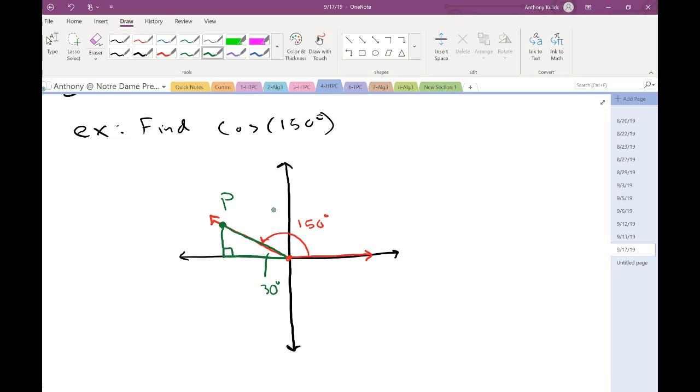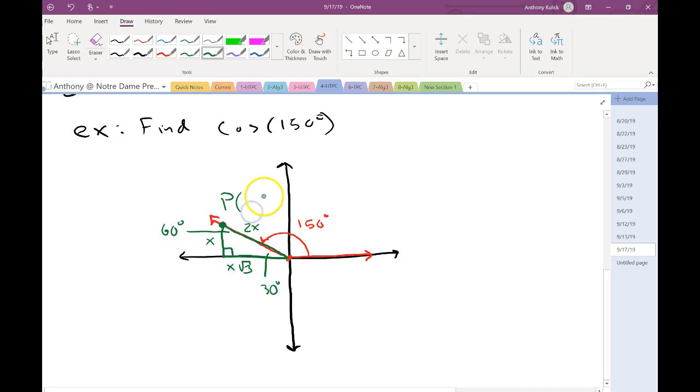So that angle must be 30 degrees. That means that this angle here must be 60 degrees, and what I have is a 30, 60, 90 triangle. So if I fill in my side lengths for a 30, 60, 90 triangle, I have x square root 3, x, and 2x. Everybody okay with that?